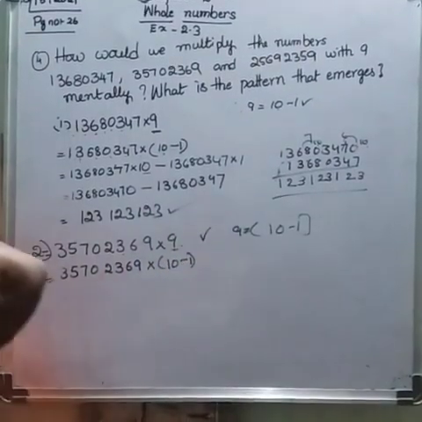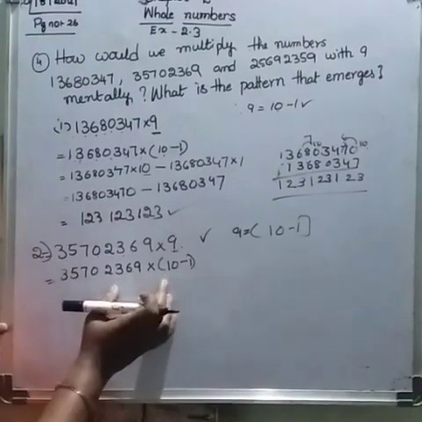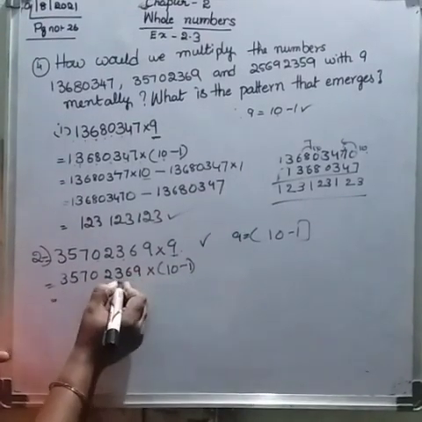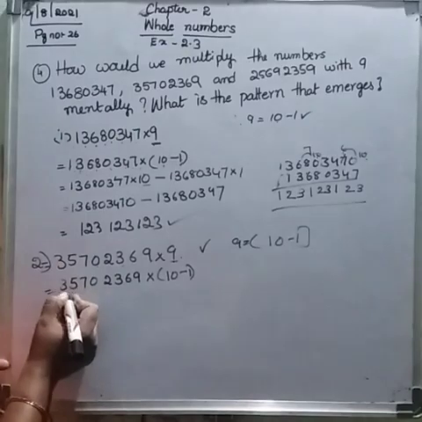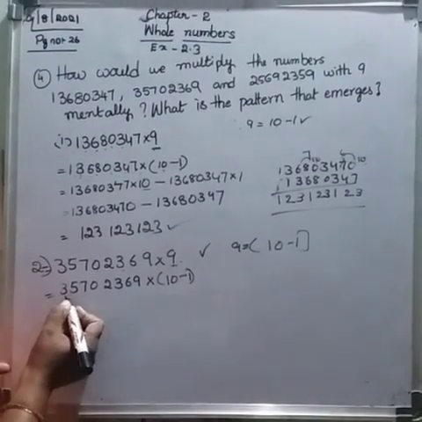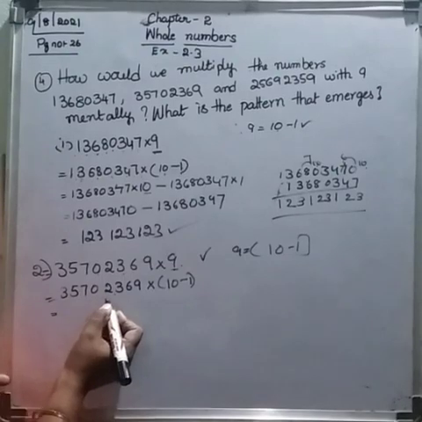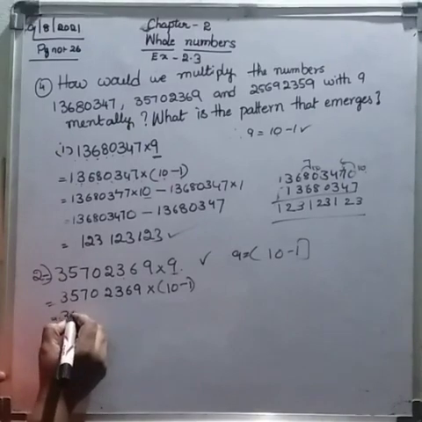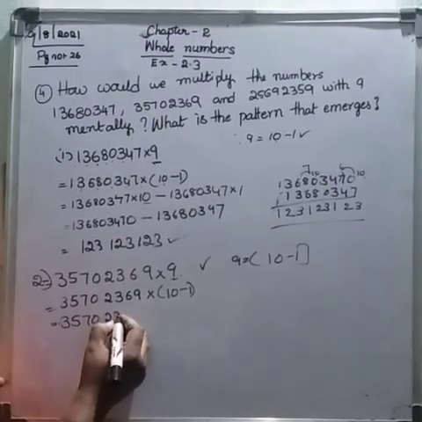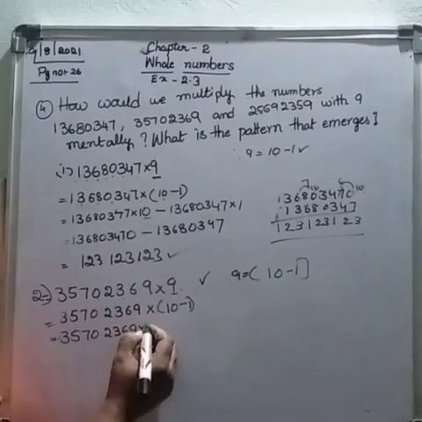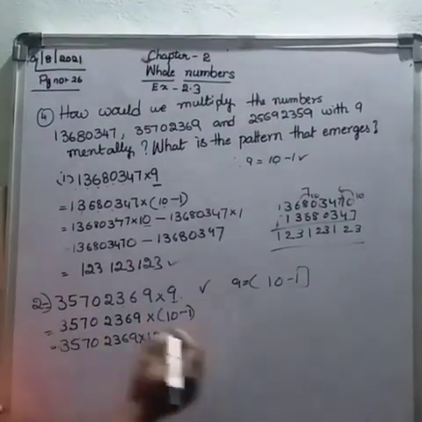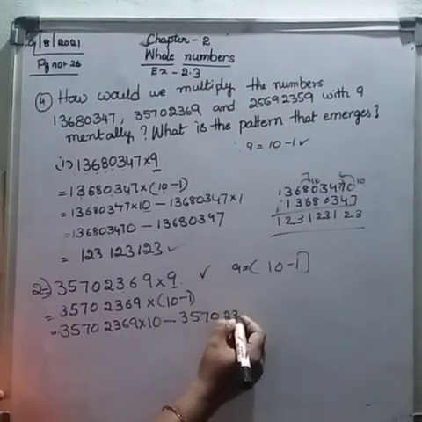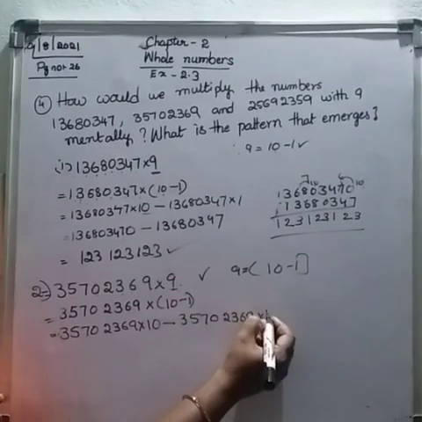Right? First, this number is multiplied by 10. After that, subtract the number multiplied by 1. Ones, tens, hundreds, thousands, 10,000, lakhs, 10 lakhs, crore. This number is read as 3 crores 57 lakhs 2,369. First multiply by 10 because 10 minus 1 is there.